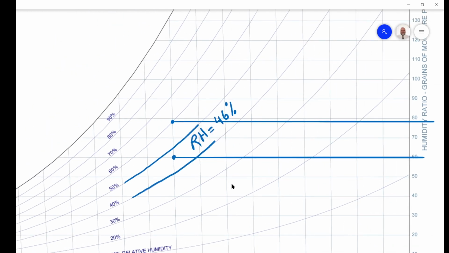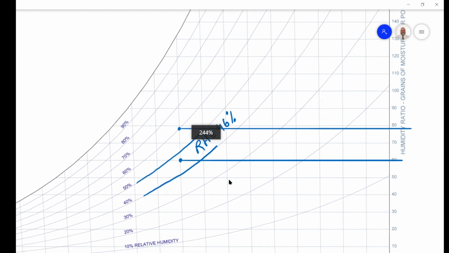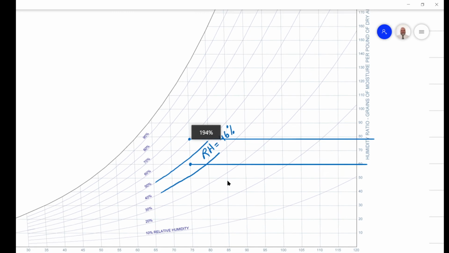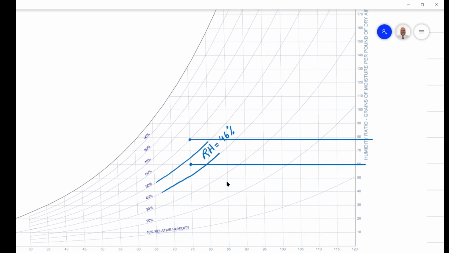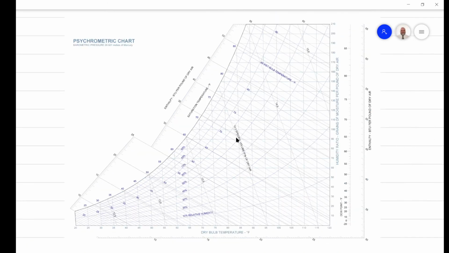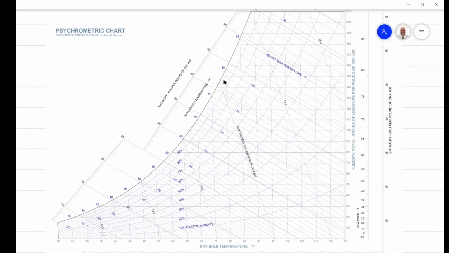Another thing is that the relative humidity measure is also helpful in terms of calculations. Calculating relative humidity mathematically requires paying attention to this curve here.